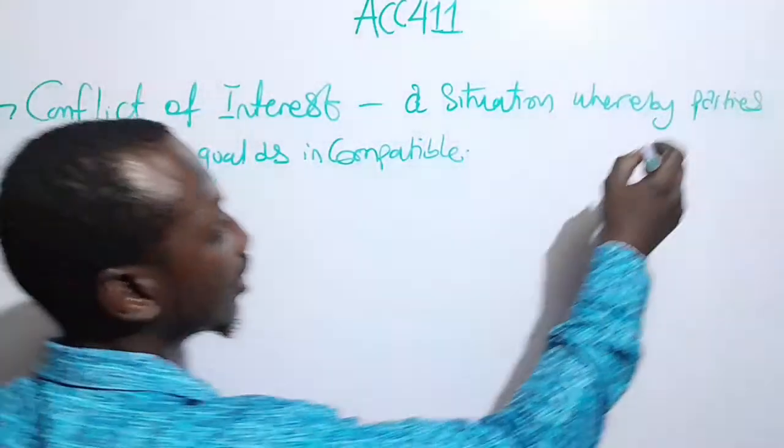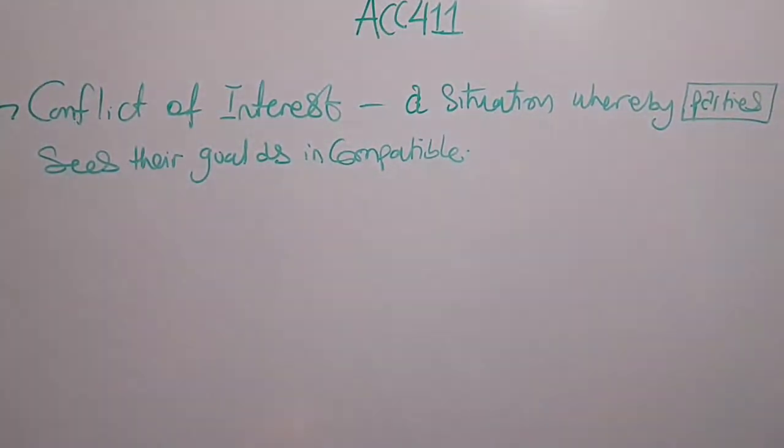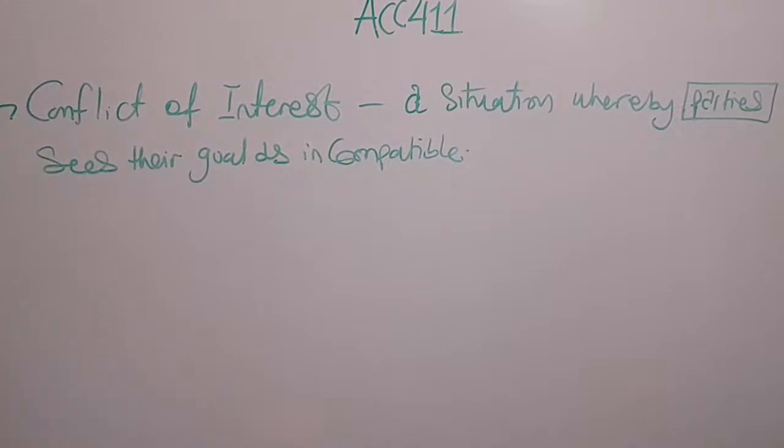Okay, so now, based on this definition, let's talk about the parties in particular. Speaking of which, conflicts between members and clients, members of ICAN, Institute of Chartered Accountants of Nigeria.